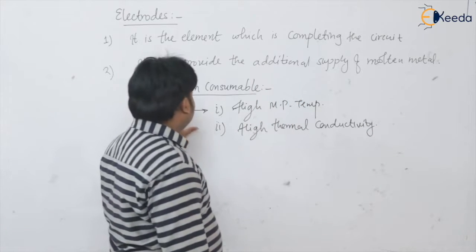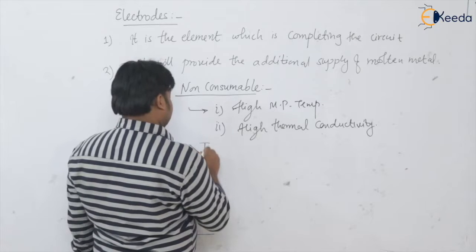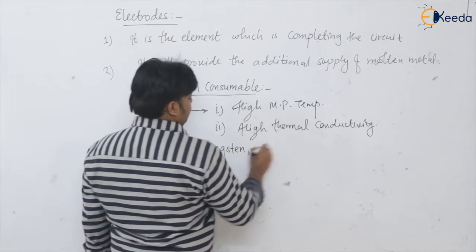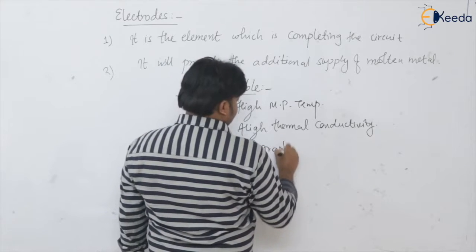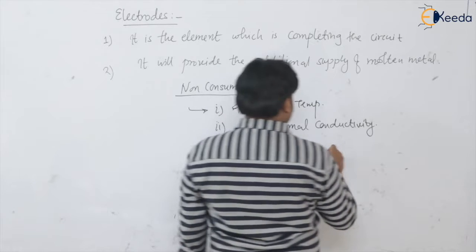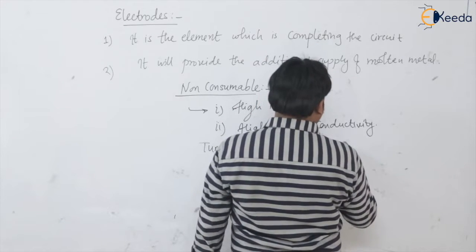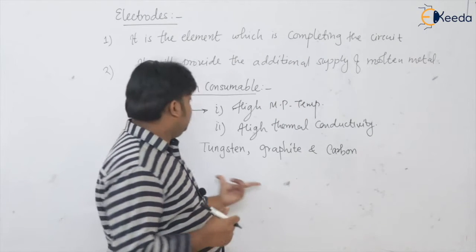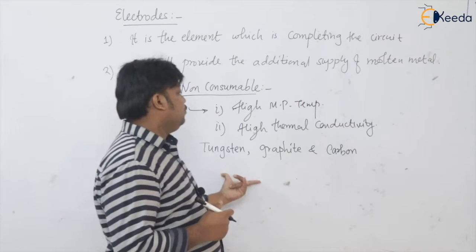See, what are the non-consumable electrodes we have? Tungsten, graphite, and carbon. Okay, so these are commonly used non-consumable electrodes.